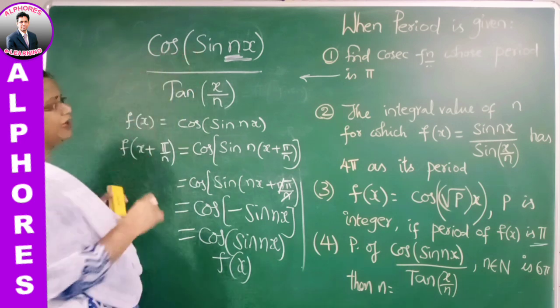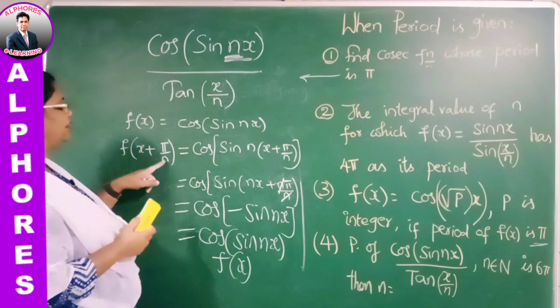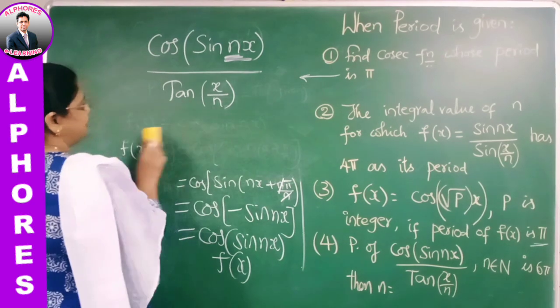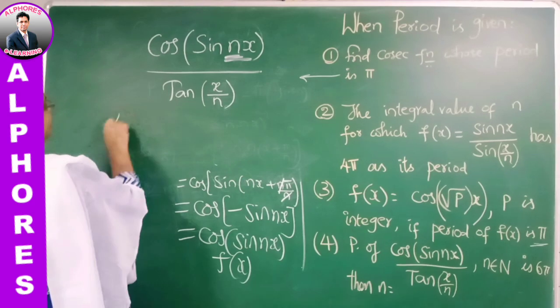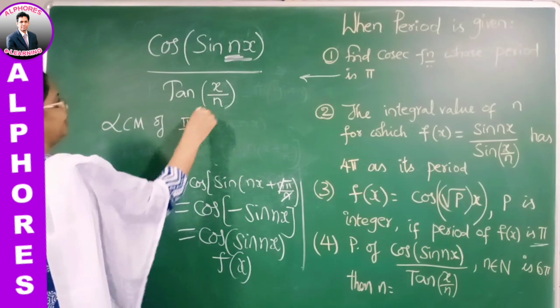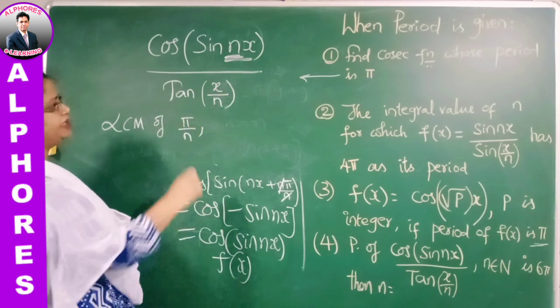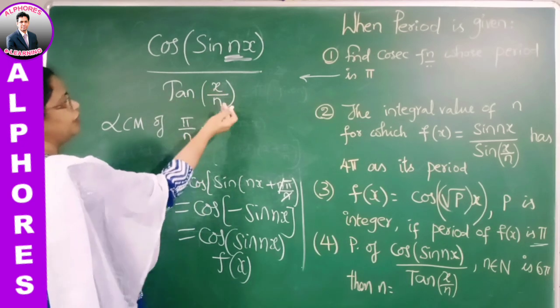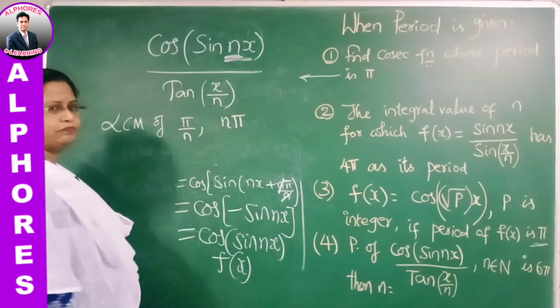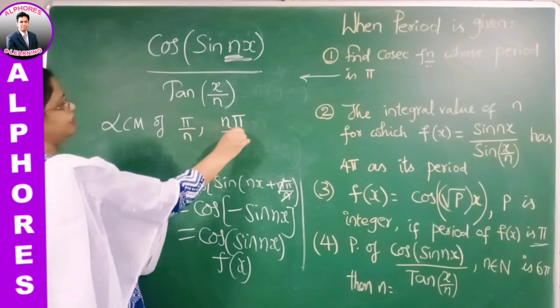Now what is our point finally here? The numerator period is nothing but pi divided by n. Therefore let us take, students, the LCM of pi divided by n, and the denominator period is obviously only one function, pi by 1 by n, which means n pi. Therefore, these are two fractions actually.